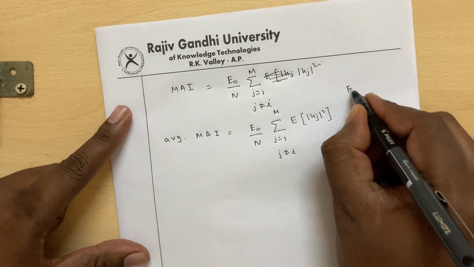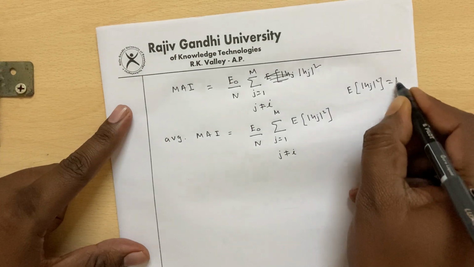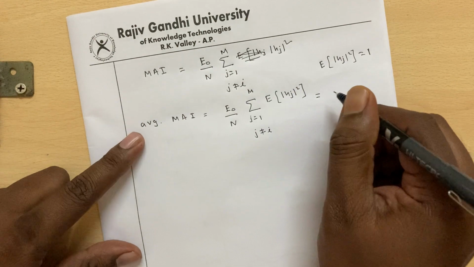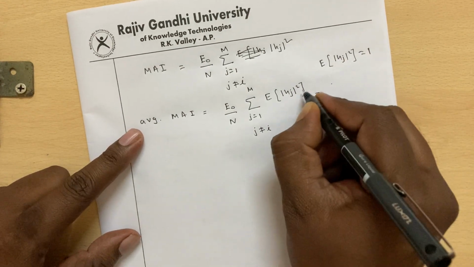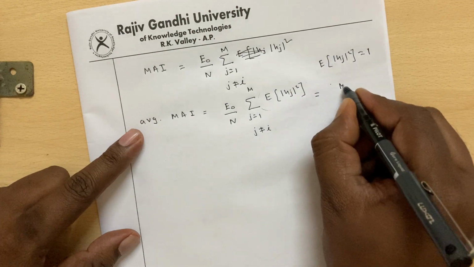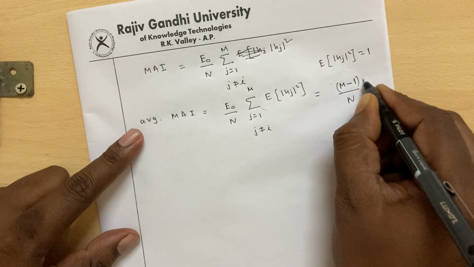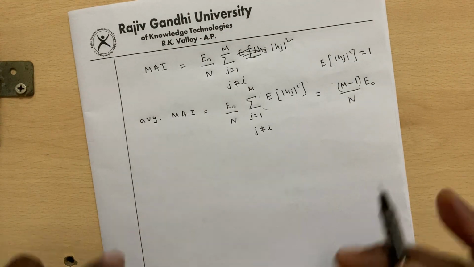We know the expectation of the channel coefficient power is equal to 1, thereby the average multi-access interference power will be M minus 1 divided by N into E naught. So this is the average multi-access interference power.